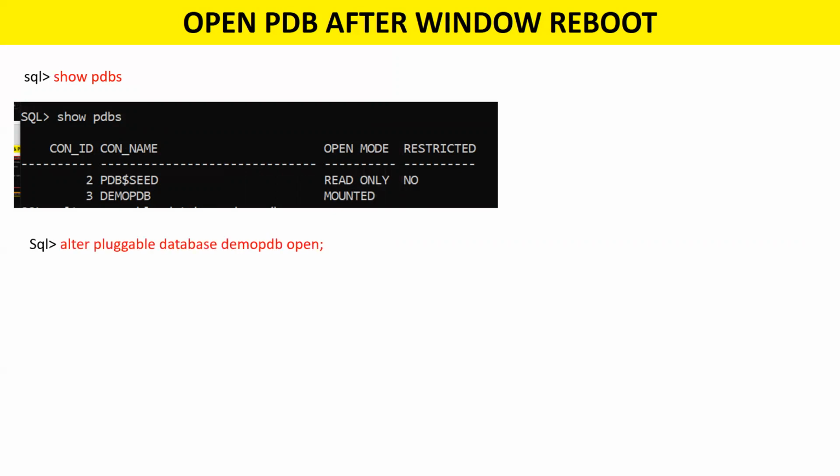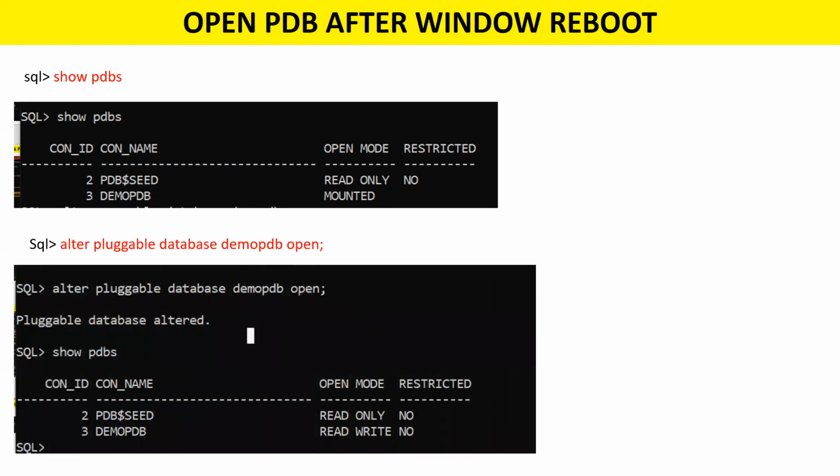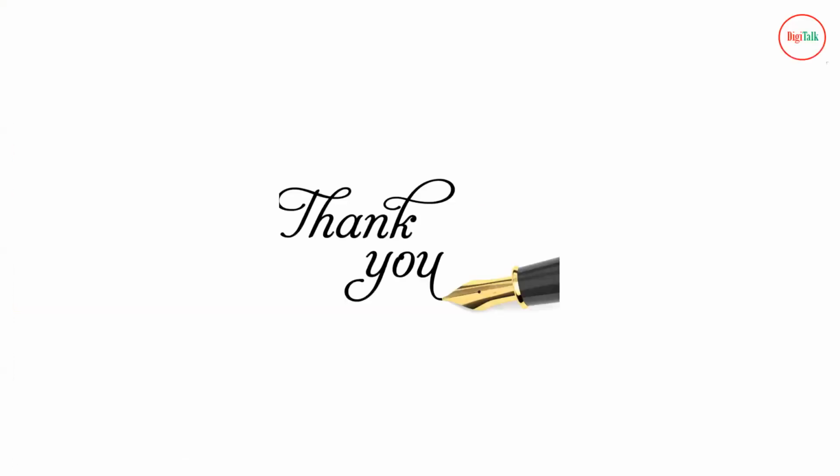That means make sure you connect with your database and then run the command alter pluggable database, the name of your pluggable database, and then open. Every time you reboot your Windows machine or your laptop, make sure to open the PDB before you work on a particular PDB.